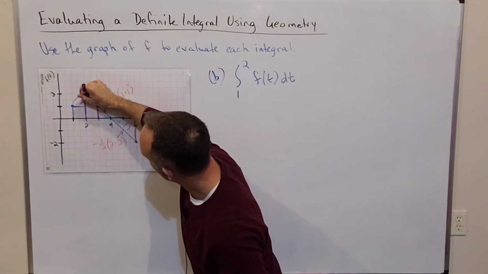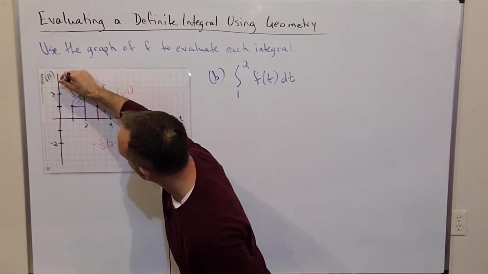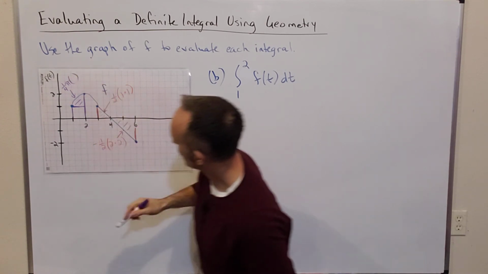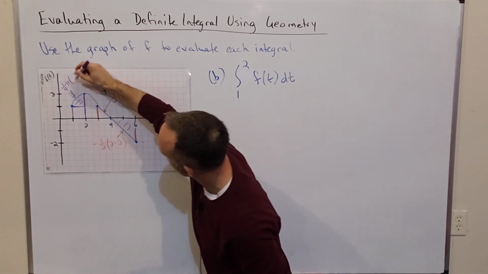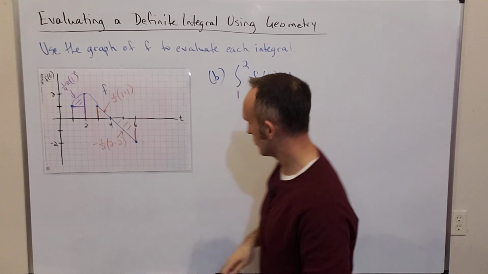So this area right here is 1/4 of a circle. So that's going to be 1/4 of pi r squared. The radius of this circle, you can see, is 1. So we get 1/4 times pi times 1 squared.